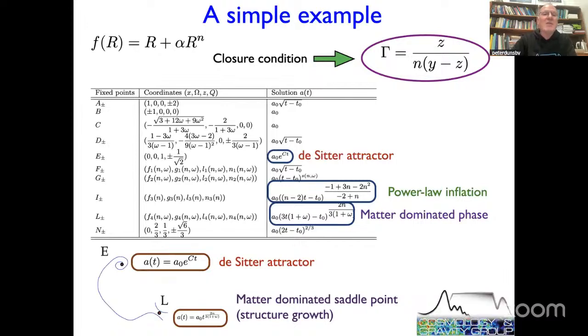So here we have r plus alpha r to the n. When n is 2, you have the standard Starobinsky modification to GR. And when you do this for r plus alpha r to the n, you can calculate the fixed points, and you find three particularly interesting fixed points.